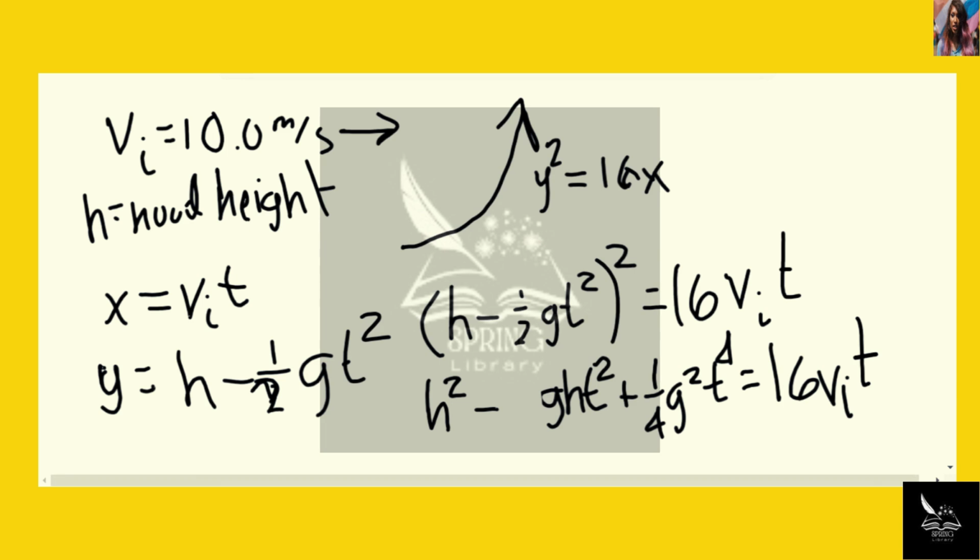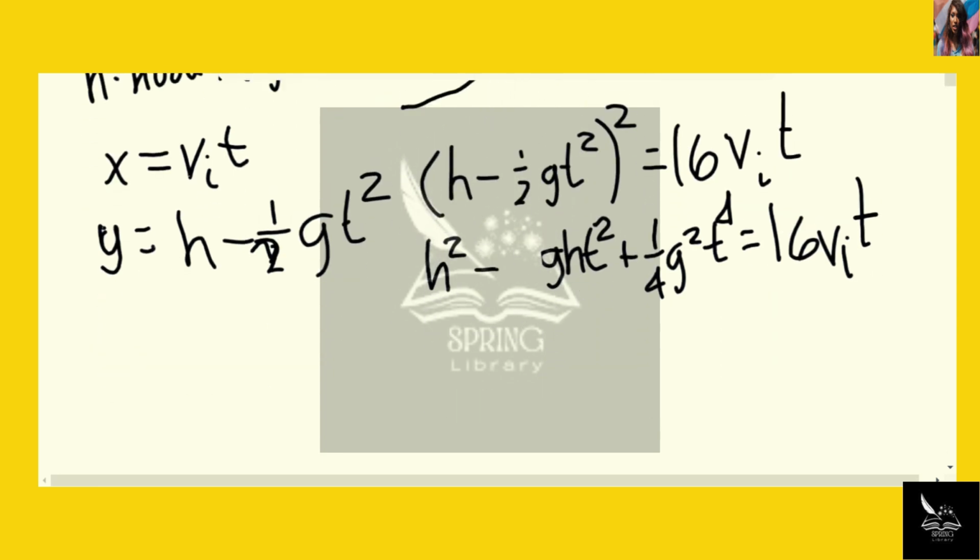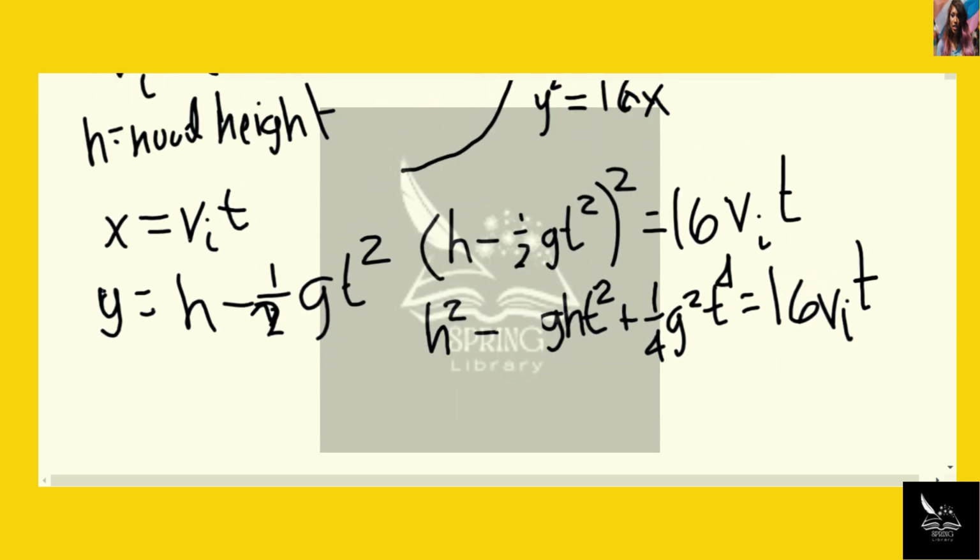But the question is, what are the x and y coordinates? Well, if I could solve for t, I could get the x and y coordinates. That would be the easiest thing. This is kind of a difficult equation, though, especially since I don't know h.